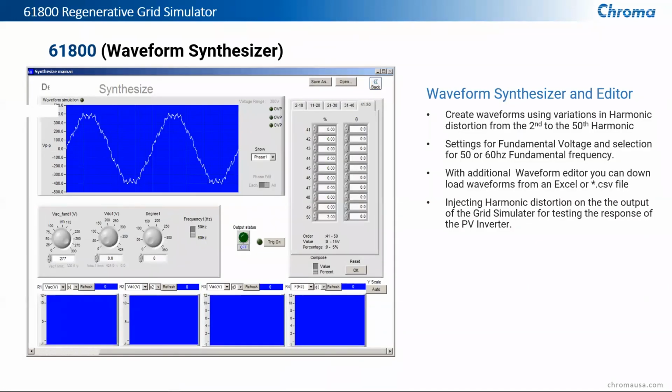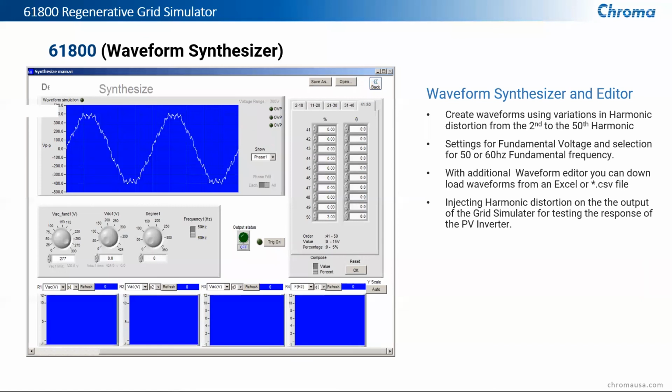We also have the ability to do waveform synthesis to add various types of harmonic distortions. You can do it all the way up to the 50th harmonic, at different percentages. You can even add a phase shift between the fundamental frequency and the harmonic distortion.